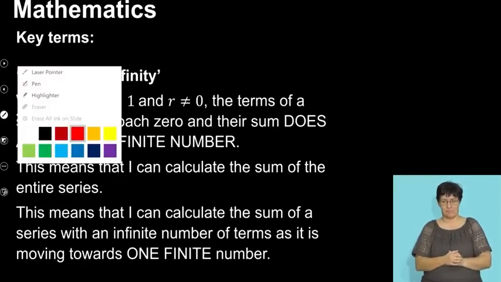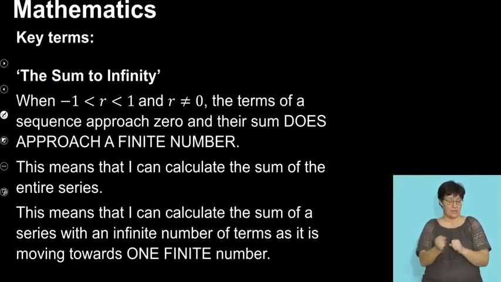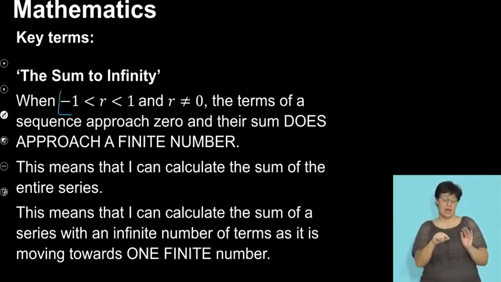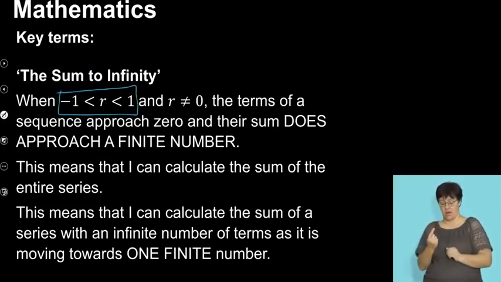So guys, the sum to infinity is when I have a ratio that is between -1 and 1. So it's a proper fraction, and the ratio does not have a value of 0. The terms of a sequence approach 0, and their sum does approach a finite number.